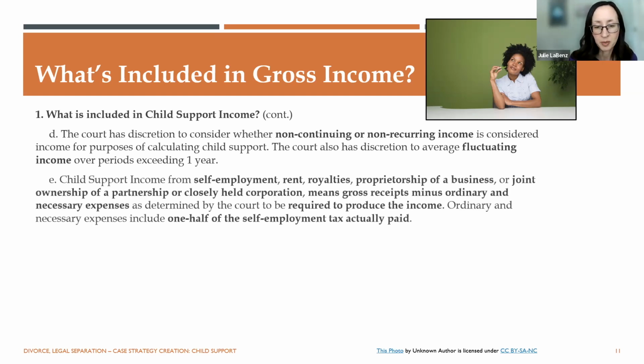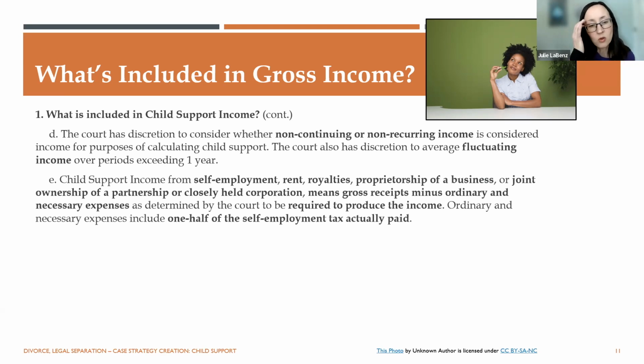Income from self-employment, rent, royalties, proprietorship of a business, or joint ownership of a partnership or closely held corporation means gross receipts minus ordinary and necessary expenses as determined by the court to be required to produce income. Ordinary and necessary expenses include 1/2 of the self-employment tax actually paid.